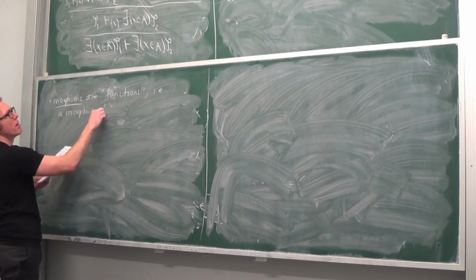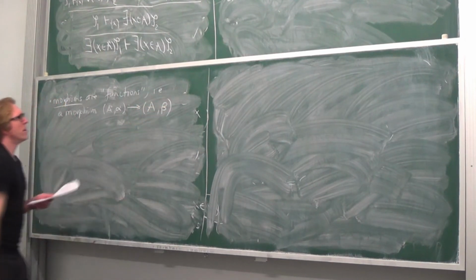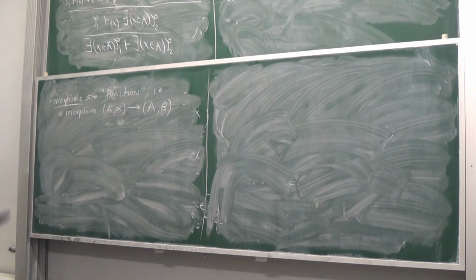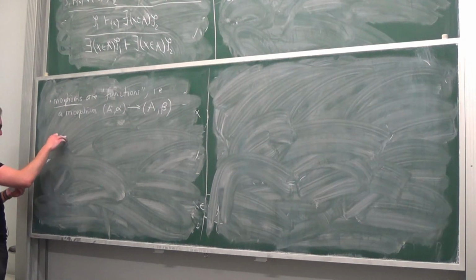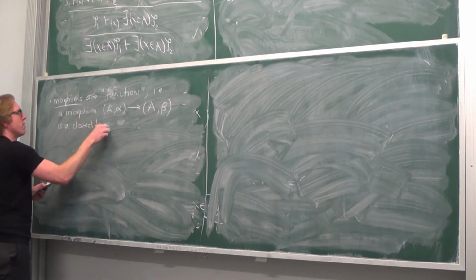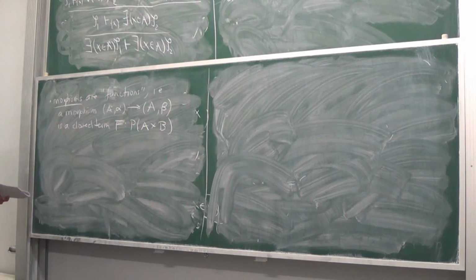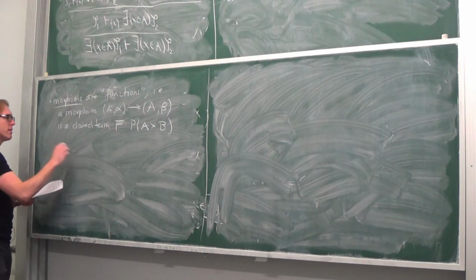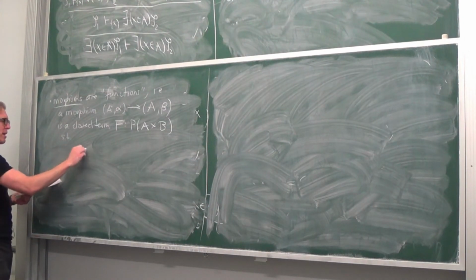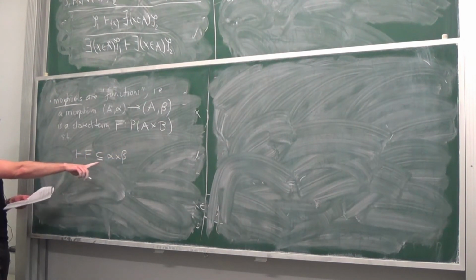A morphism from a pair, really we need to talk about equivalence classes, but that's a total pain. So really we mean equivalence classes of such pairs. So a morphism between two pairs is a closed term f of that kind. Obviously we're thinking of a graph, such that it's provable that f is contained in alpha cross beta. I haven't defined what this means.